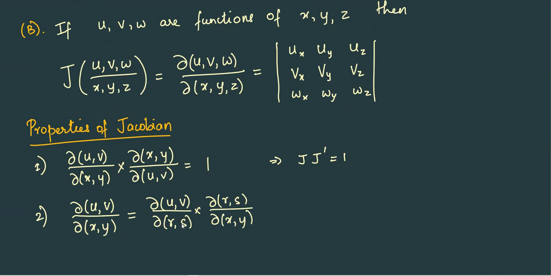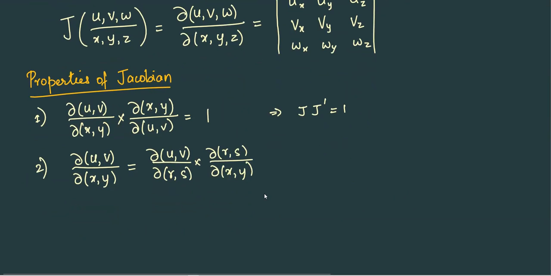So it is like du by dx is du by dr into dr by dx. So Jacobians are used in that fashion when two variables are defined in terms of two other variables. So these are important results.